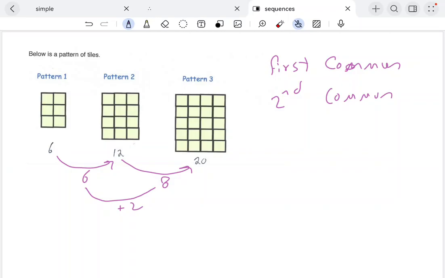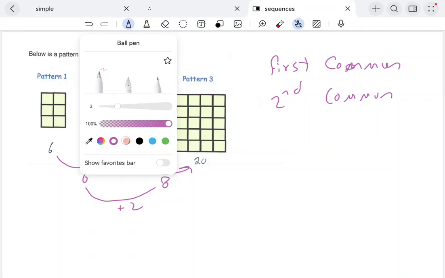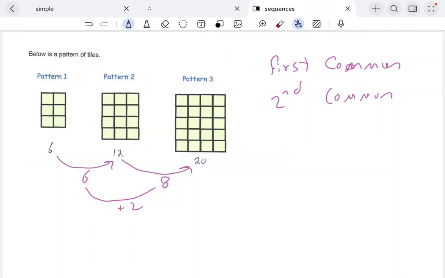So now, what is the other way? The other way is I'm going to give you everything. So 2a is equal to the second common difference. 3a plus b is going to be equal to the first difference.